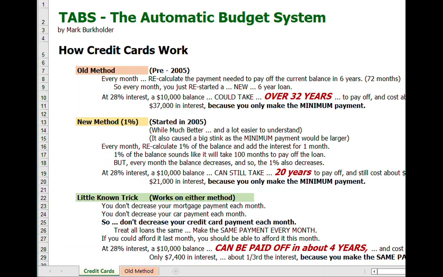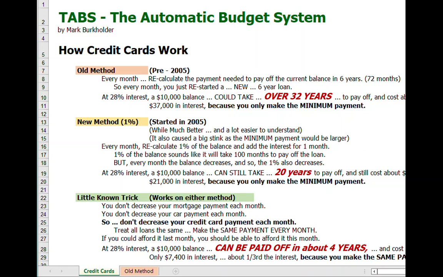It's so easy to stop them from collecting all that extra interest. All you have to do is make the same payment every month, just like all regular loans. You made that payment last month, you should be able to make the same payment this month. Oh, and don't use the card to make any new purchases.